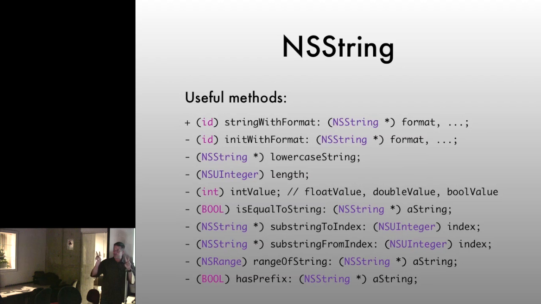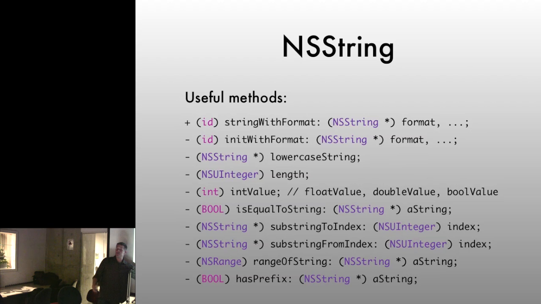So if you have a string of quote unquote 10, you can get its floating point value 10.0 or the double value or the integer value 10 out of it by using these convenience methods: intValue, floatValue, doubleValue, and boolValue. Doesn't change the string, just gives you the value back.